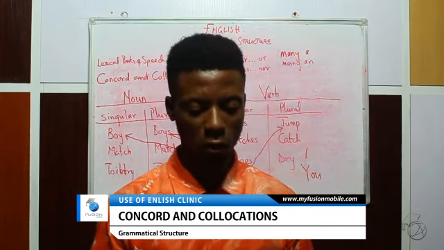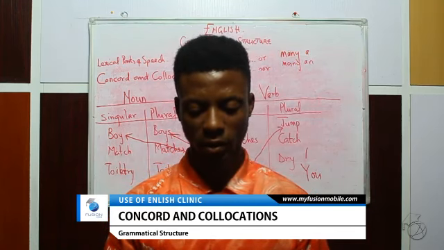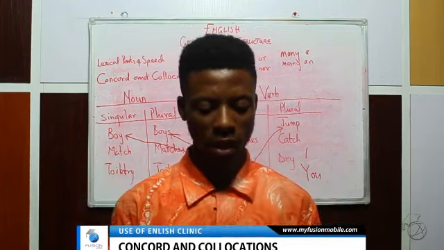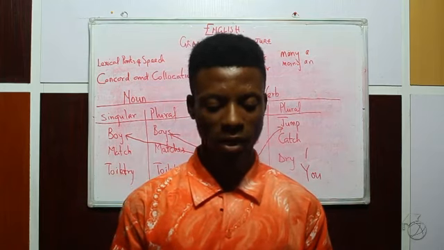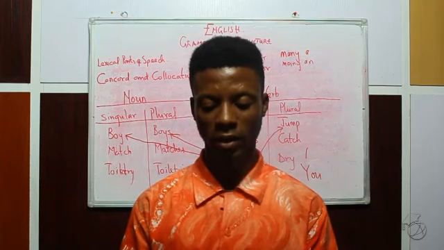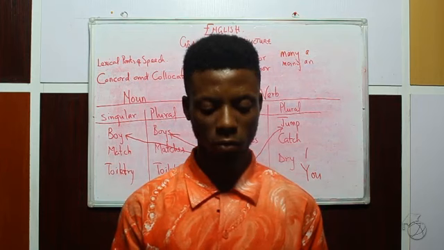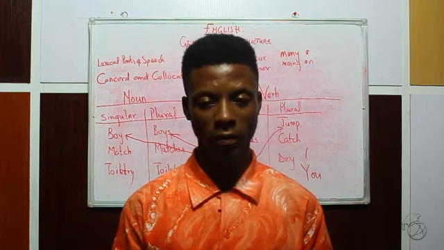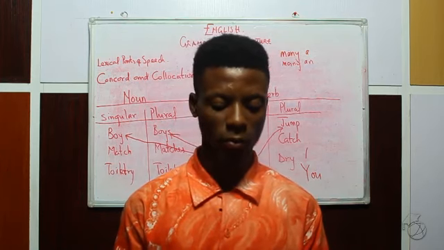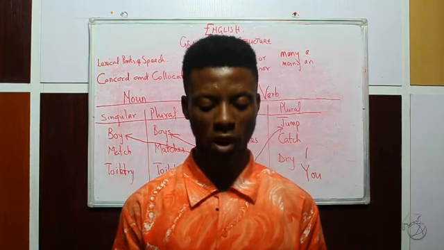Anytime any of the collectives is used as the subject of a sentence, it must go with a plural noun followed by a singular verb. Example, a battalion of soldiers has moved to Kano.